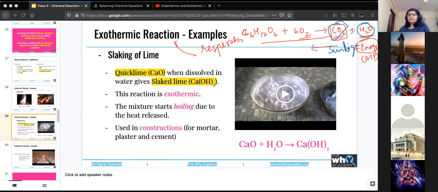So energy is required to put it back in the form of glucose. Because it is absorbing energy, photosynthesis cannot take place without energy. So that would be an example of an endothermic reaction. Okay, don't get confused there.